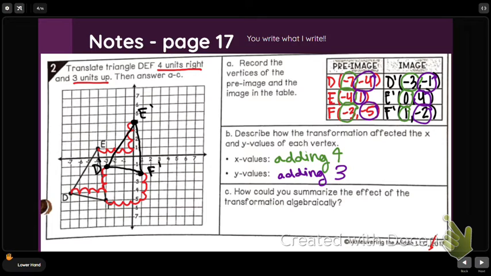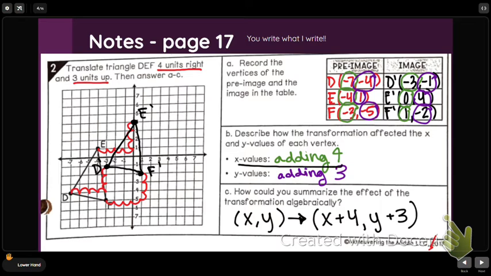So to summarize the effects of this transformation algebraically, we always start with xy, our original coordinate, arrow, and this time x changed by adding 4, and y changed by adding 3. So something that we can now notice is that our x values added 4.